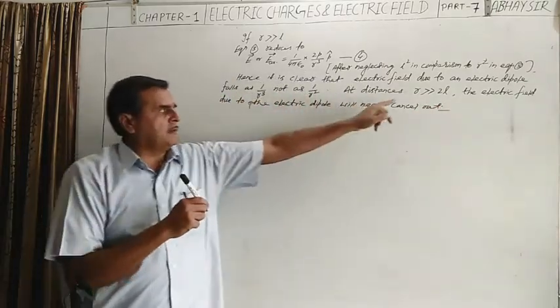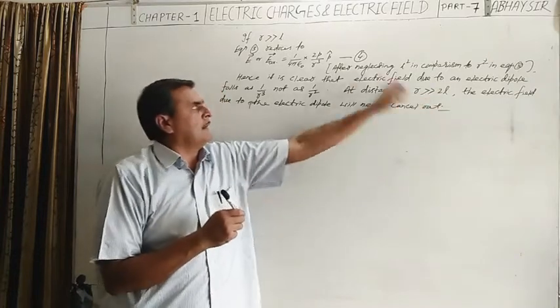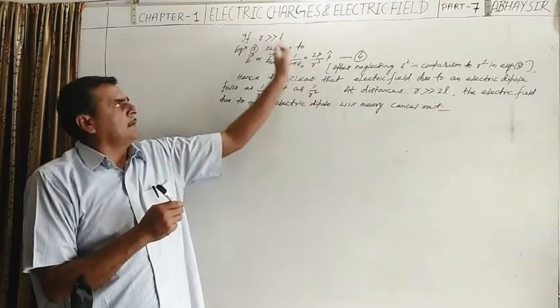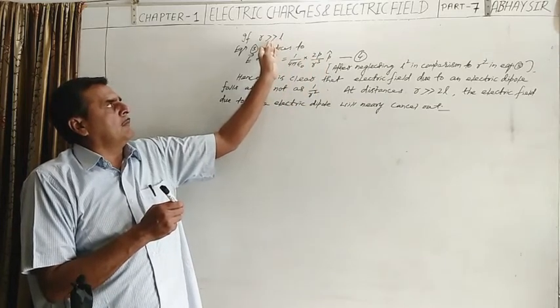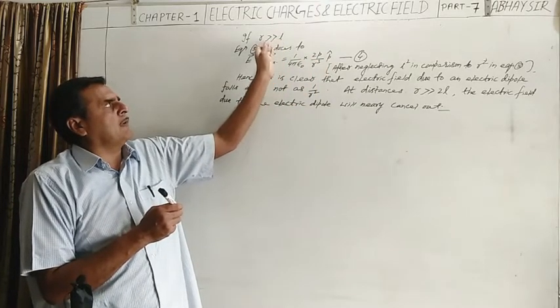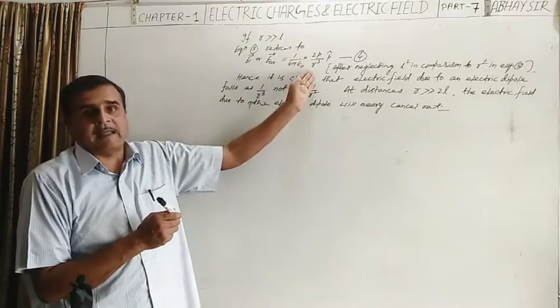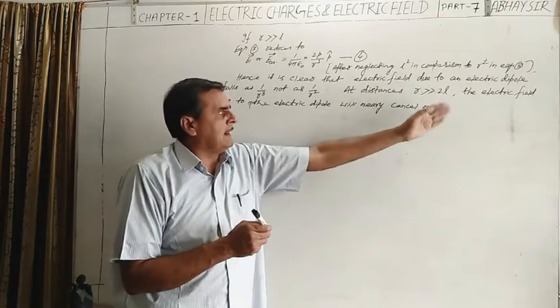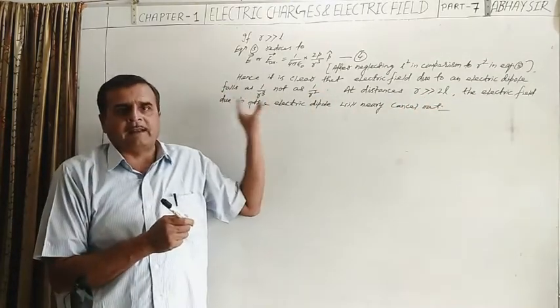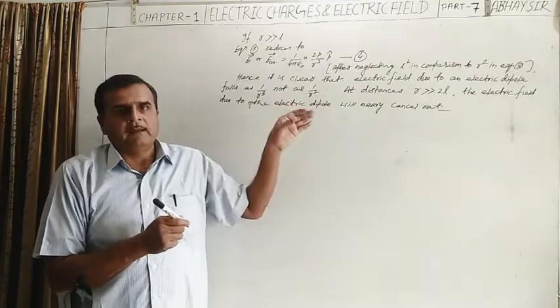This is for distance r too much greater than 2l. For r too much greater than l, the electric field falls as 1 by r cube. But for r too much greater than 2l, the electric field due to both charges of the dipole will nearly cancel out. That means it becomes zero.